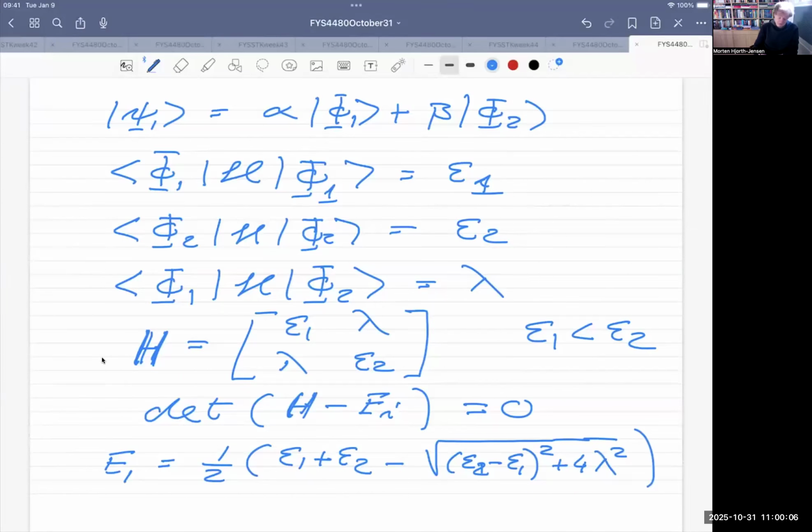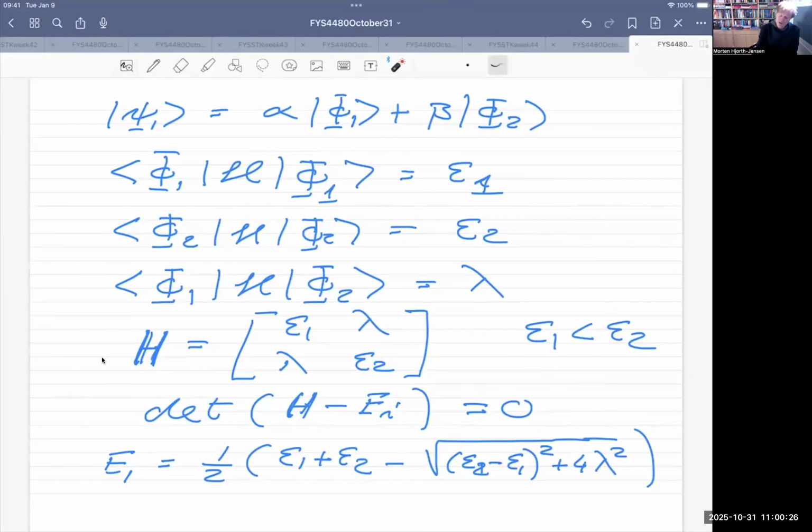And now we can do the same exercise which we did last time. So we are going to Taylor expand the square root. And when we Taylor expand the square root, we are going to get an approximation which is going to be compared with Brillouin-Wigner perturbation theory and Rayleigh-Schrödinger perturbation theory.